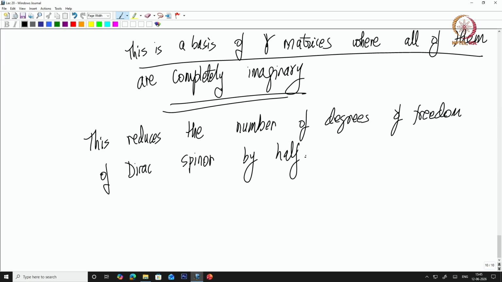Initially you have 4 degrees of freedom, it reduces to 2 degrees of freedom.